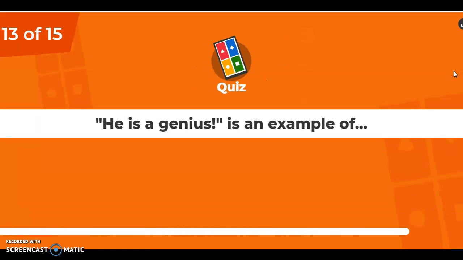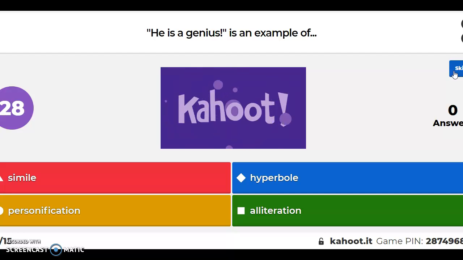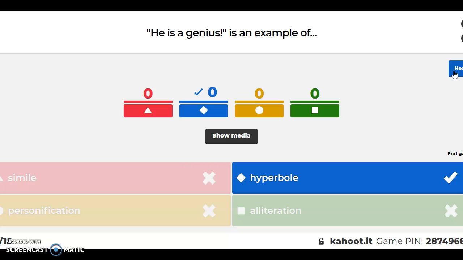He is a genius is an example of simile, hyperbole, personification, or alliteration. Hyperbole.